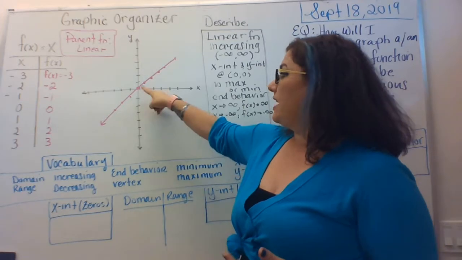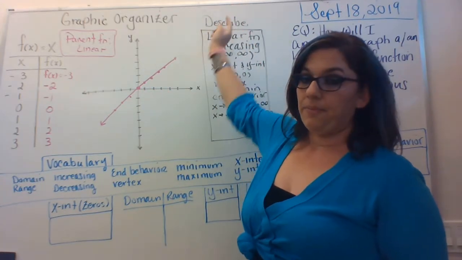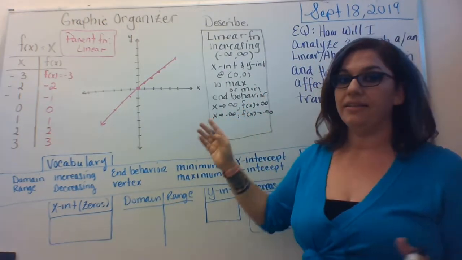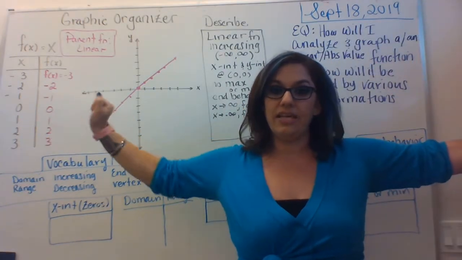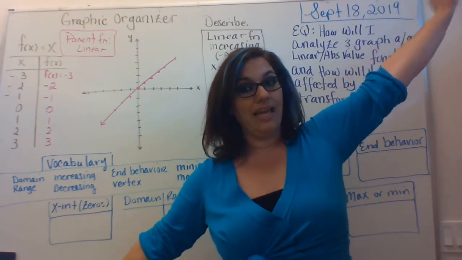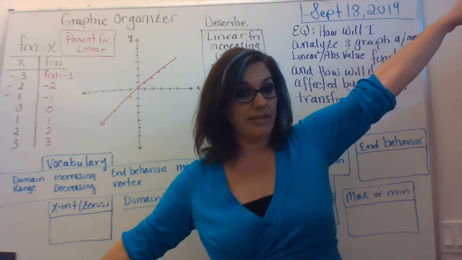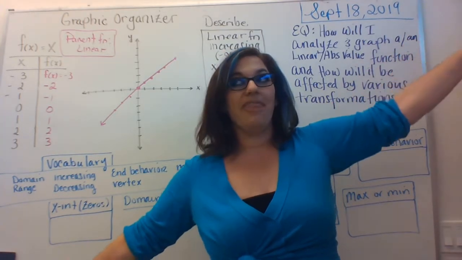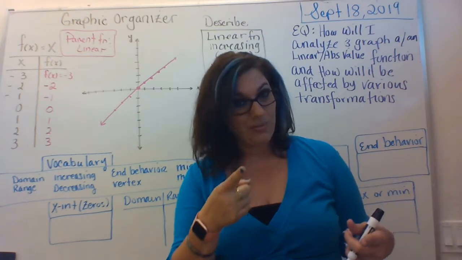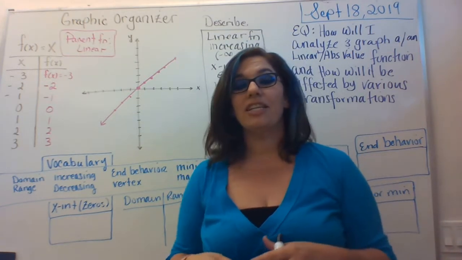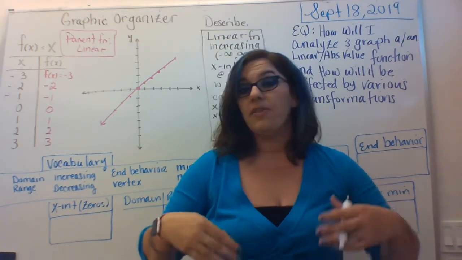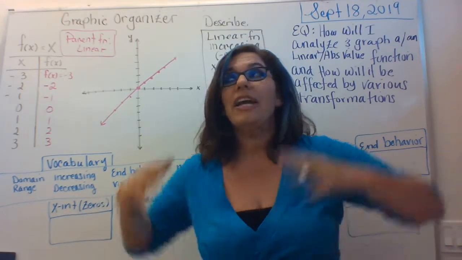Well, if this goes up forever and that goes down forever, and we just got done stating that we can go out on the x-axis to negative infinity, and the function never stops because there are arrows at the end of it, then my domain is what we call the set of all real numbers, which we learned about in the real number system. So that means it includes every decimal, every fraction, every whole number, every negative, whether the decimal stops or the decimal goes on forever, it's included.